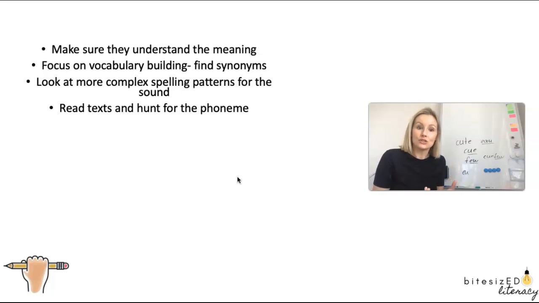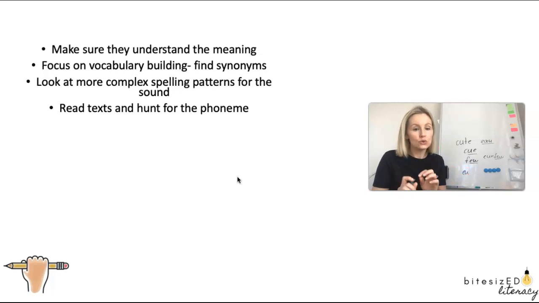And one way that we can do this for those higher achieving kids is that we can get them to read texts and pull out words from their text. So what they're doing there is they're really reading with a purpose, and they're looking and listening for the sound. And this is where you really get to assess how clearly they identify that phoneme, because if they start coming up with words that have the oo sound, then you can say, well, there's a difference here.